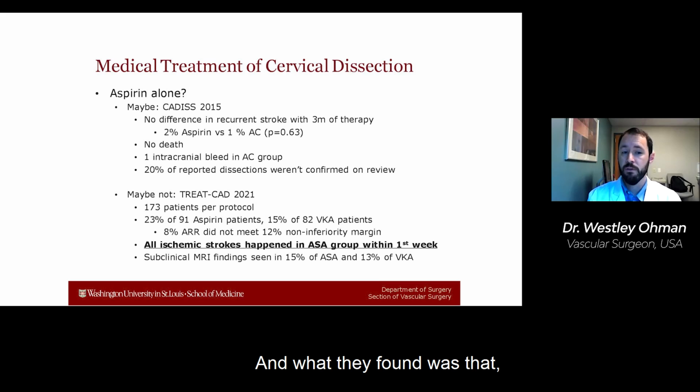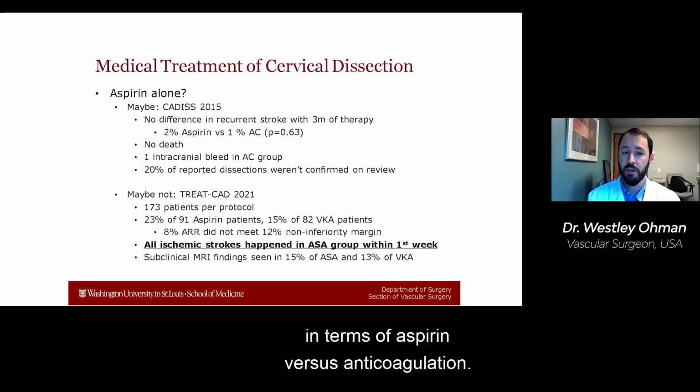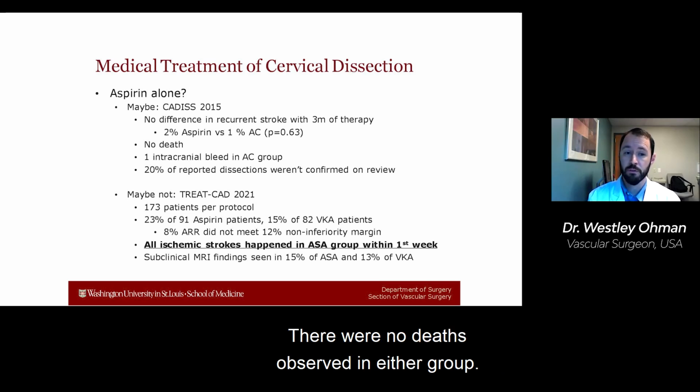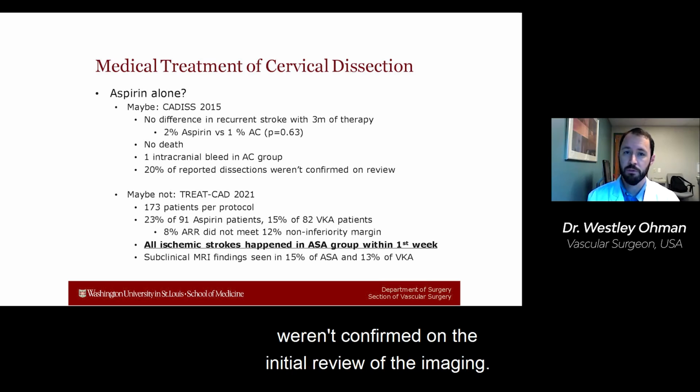What they found was that there was no significant difference between the two groups, aspirin versus anticoagulation. There were no deaths observed in either group. There was one brain bleed observed in the anticoagulation group, but when they went back and reviewed, of the patients that were included, 20% of them with a reported dissection weren't confirmed on the initial review of the imaging.